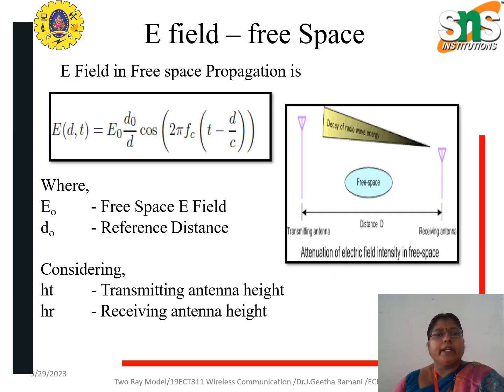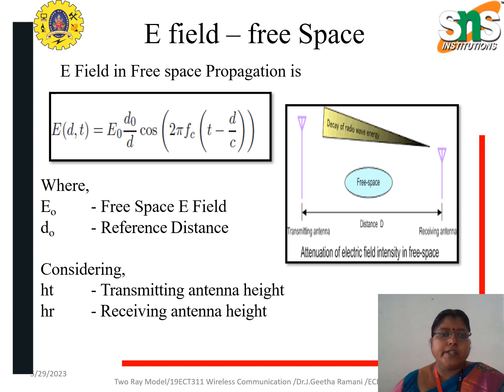And now we are calculating the E field in free space propagation. The electric field is calculated at the distance d for the time small t, so it is indicated as a function of d and t, distance and time. Which is equal to E naught into d naught by d, cos of 2 pi fc (t minus d by c).